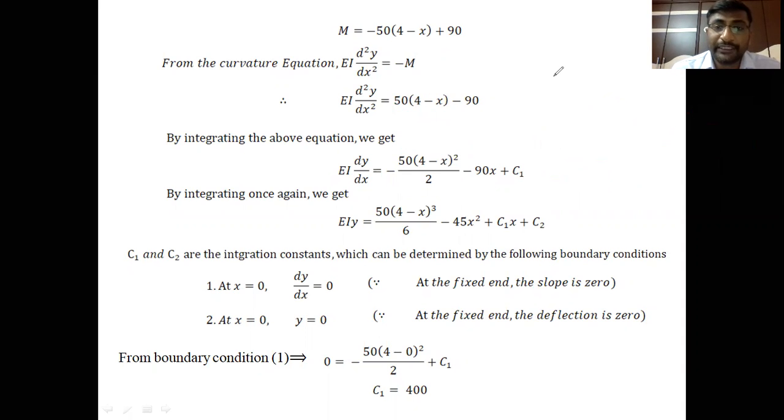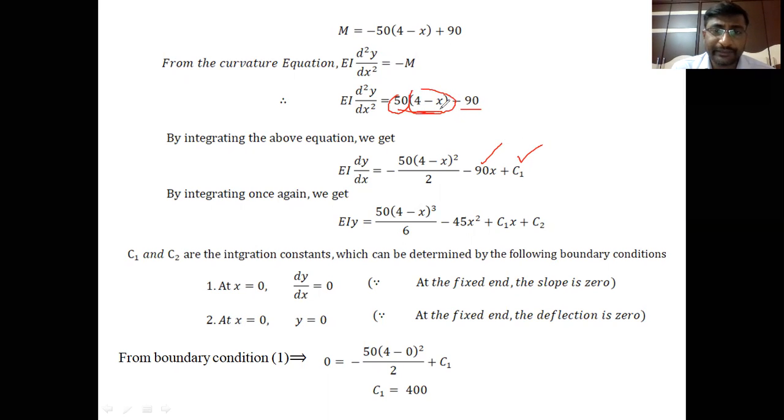So upon integration of this term, we will get minus 50, 50 remains, and integration of 4 minus x is minus 4 minus x whole square by 2. Here minus 90 is there. 90 is the constant. Constant integration is simply minus 90x plus integration constant C1. Clear students? Did you understand how to integrate here in the Macaulay method?